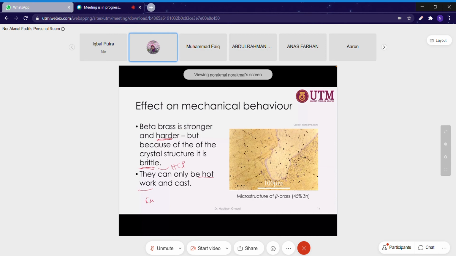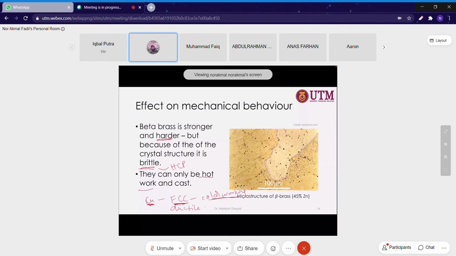a majority alloy containing copper, and it has FCC, and it has a possible process for cold working. So it's correlated: the material, the structure, microstructure, the process, and the properties.